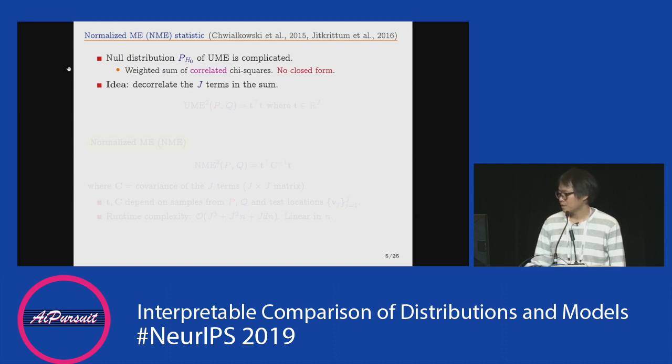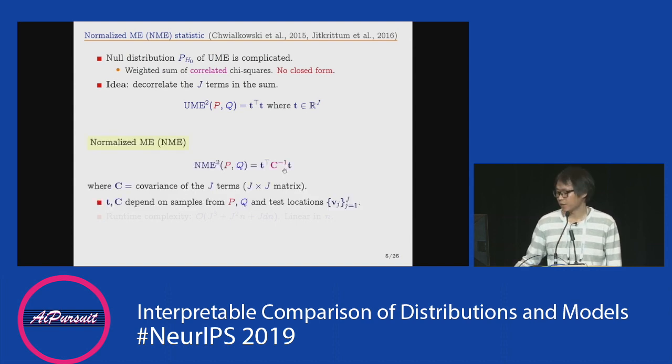So it turns out that the UME squared can be written as the self-inner product of a vector t, where t is j-dimensional. So each coordinate of t corresponds to one test location. Now the idea is to introduce this covariance matrix, which is j by j. Consider the inverse covariance and consider this quadratic form. So instead of t transpose t, we now have t transpose c inverse t.